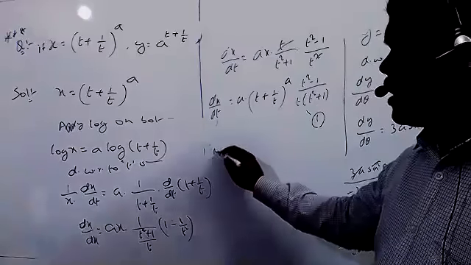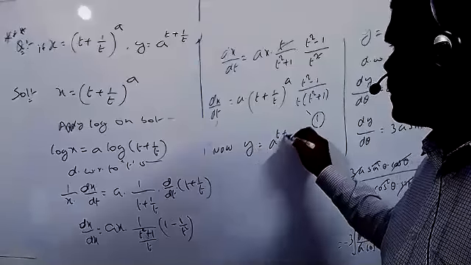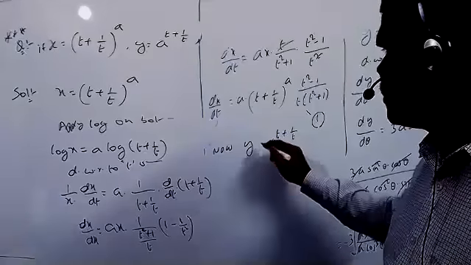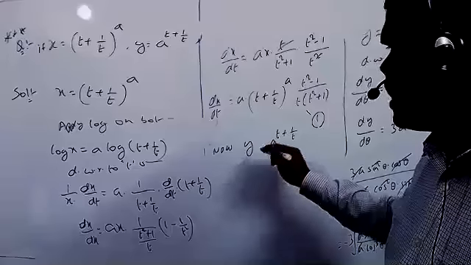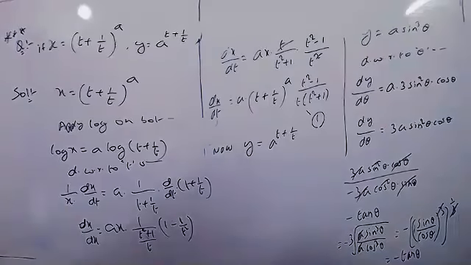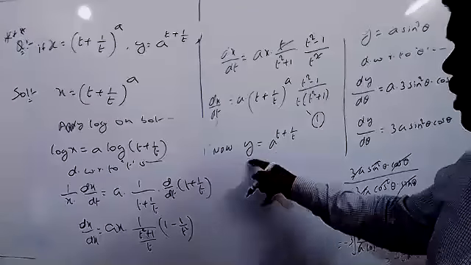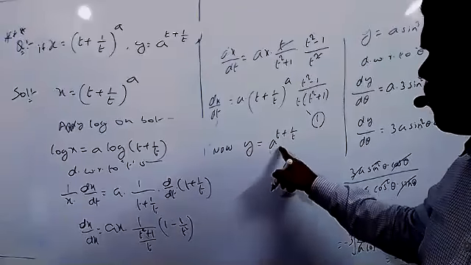Next, now we can take the y value. Now y equal to a power t plus 1 by t. If you want, here also you can apply the logarithm, no problem, that is your choice only. Also directly we can do and get the answer because it is in the form of a power x.